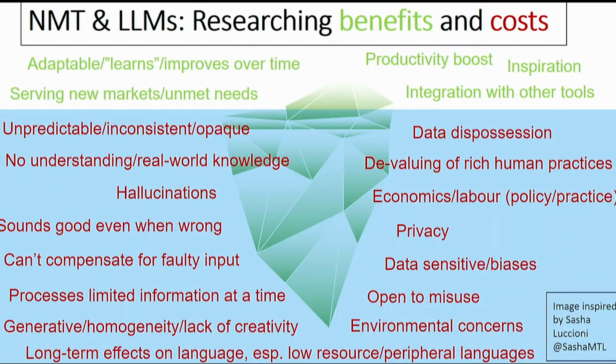A little bit worse than not understanding, we also find sometimes that these tools actually make things up, right? This is called a hallucination, the term that the technologists use to describe information that is wrong, artificial, made up.